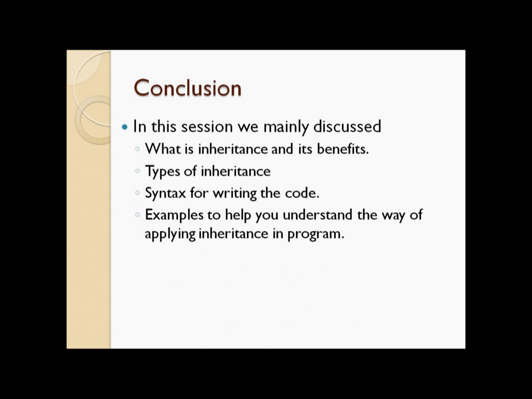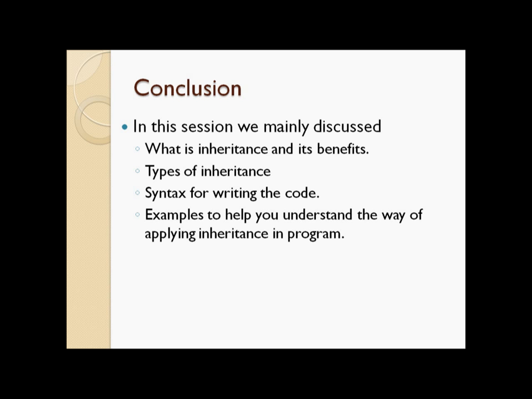Here I have listed the conclusion of the session. In this session, I have mainly covered what inheritance is and its benefits, and the different types of inheritance. We discussed the 5 different types of inheritance: single inheritance, multi-level inheritance, multiple inheritance, hierarchical inheritance, and hybrid inheritance.